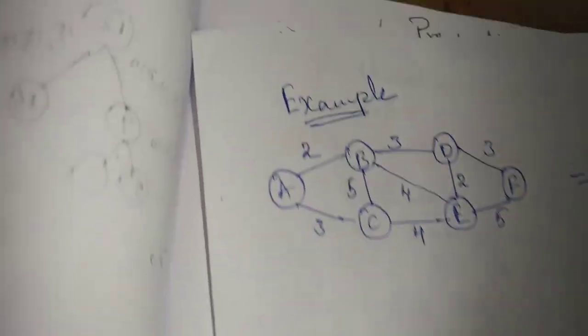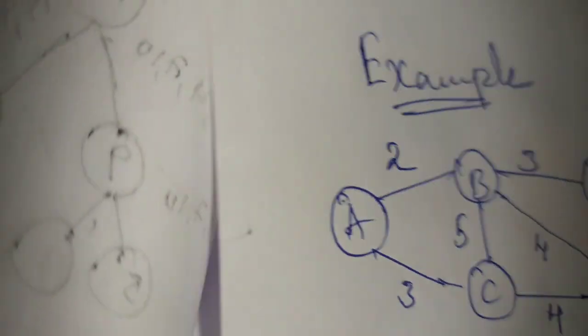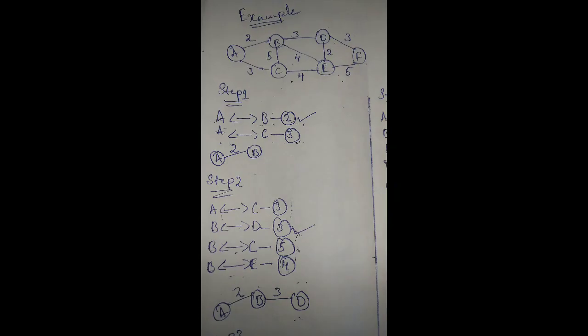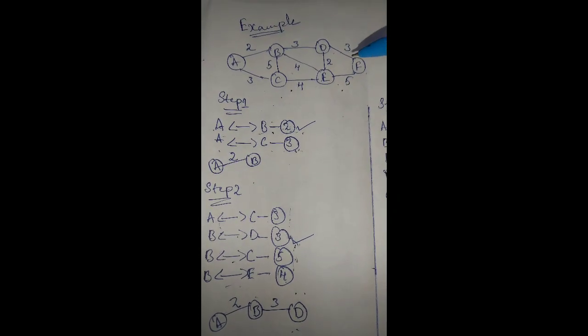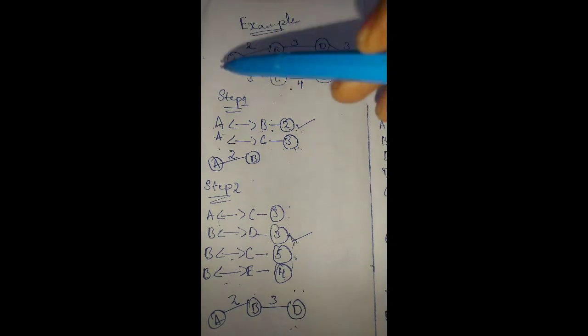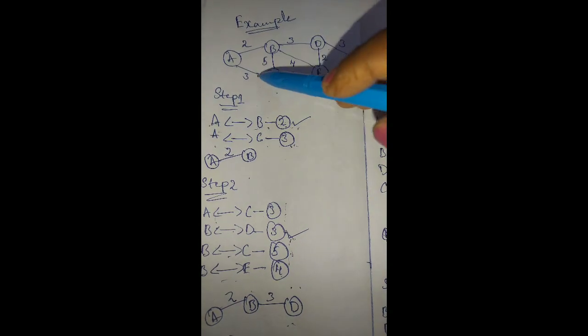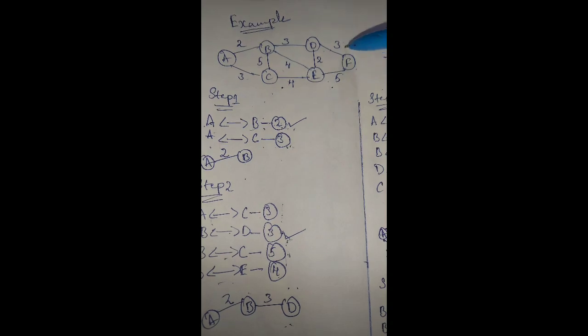So see step 1. Students, this is the example graph, and here there are 6 vertices and 9 edges: 1, 2, 3, 4, 5, 6, 7, 8, 9 edges and 6 vertices.